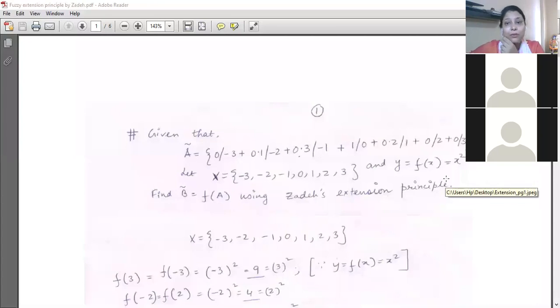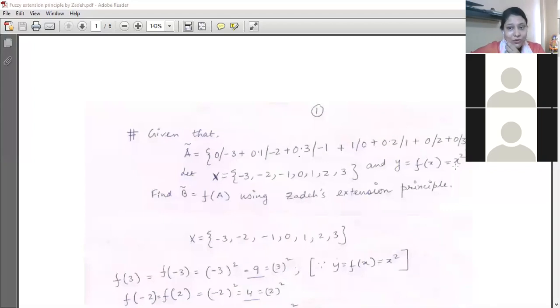For this problem the expression is y equal to x square. That means whenever we get x values like x1, x2, x3, up to x7, we get y values as y1, y2, y3, and so on by computing x squared.